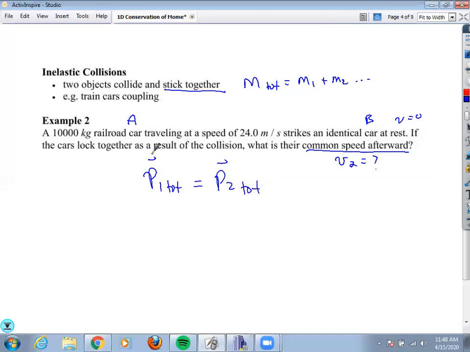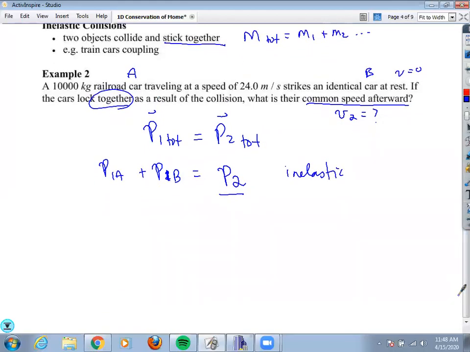Now we have two objects before, so we have P1A plus P1B will equal P2. Now we say only P2 because after they stick together, they're only one moving object. So this is for inelastic.